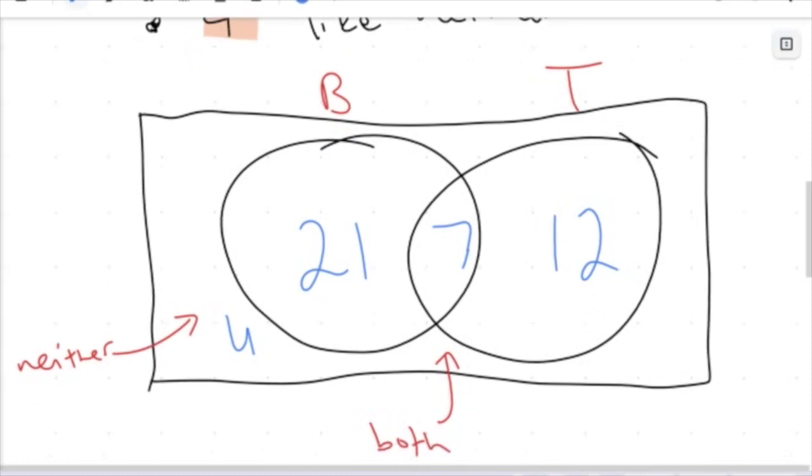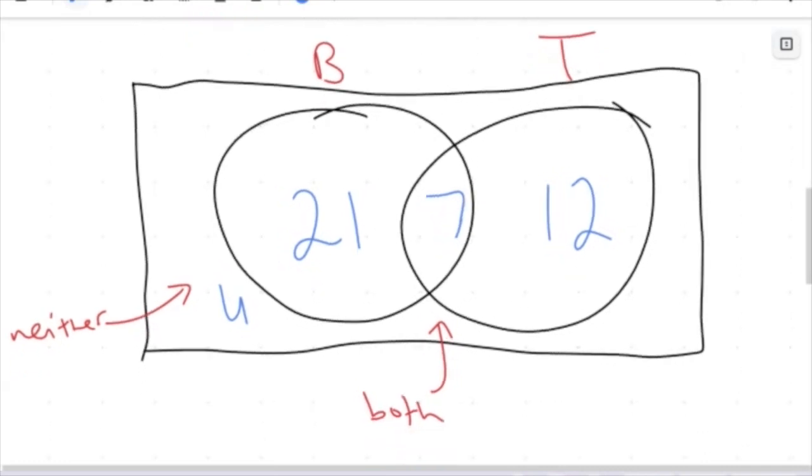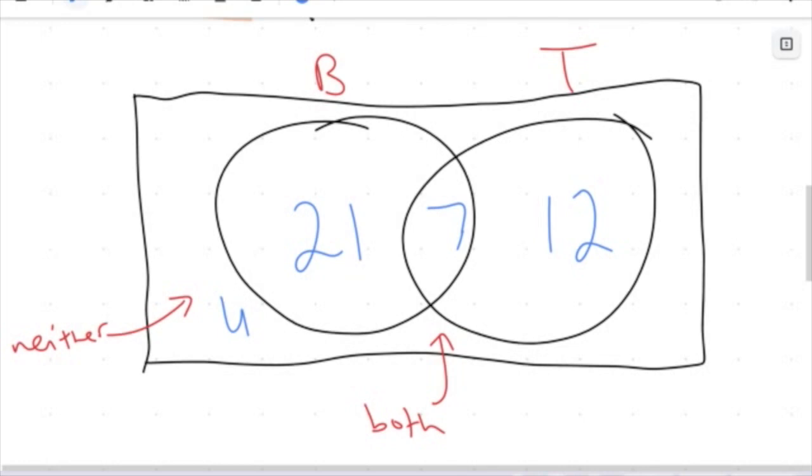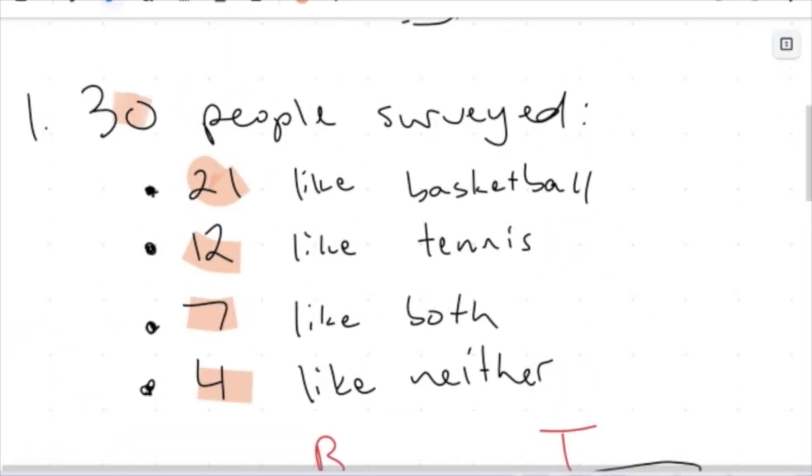But once we organize our information like this, there is a little bit of a discrepancy, because if we were to add all these numbers together, even just adding 21 and 12, we're going to get 33 here, which is way bigger than the 30 people surveyed. So something has gone wrong here.